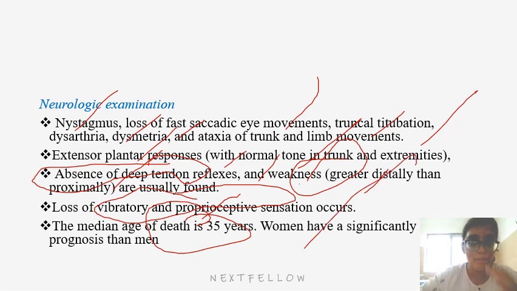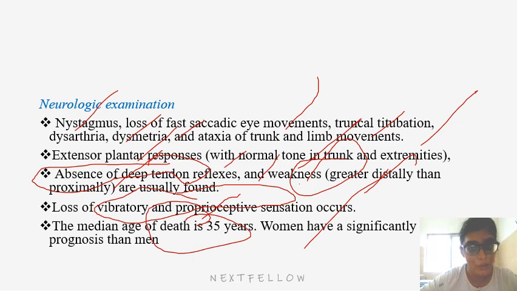One thing I want to tell you guys is that once you study this topic, study all the differential diagnoses related to the same topic. Now, nystagmus. What are the types of nystagmus? Horizontal gaze nystagmus, vertical gaze nystagmus, torsional gaze nystagmus. In what conditions they are present, and the mechanism, you should know.